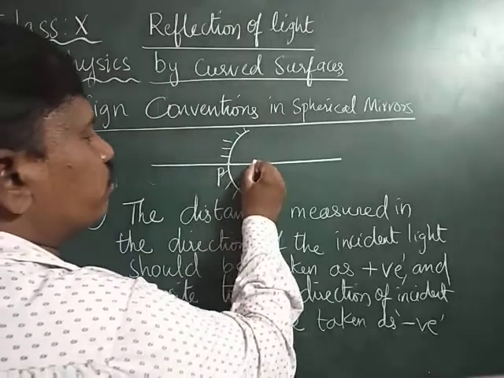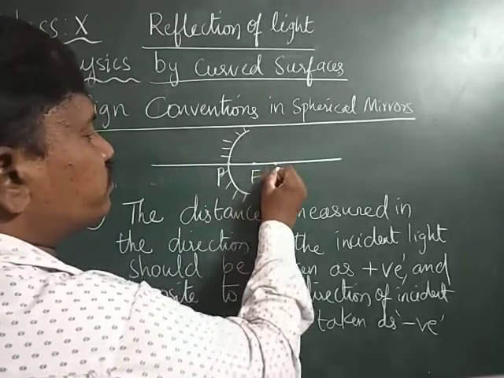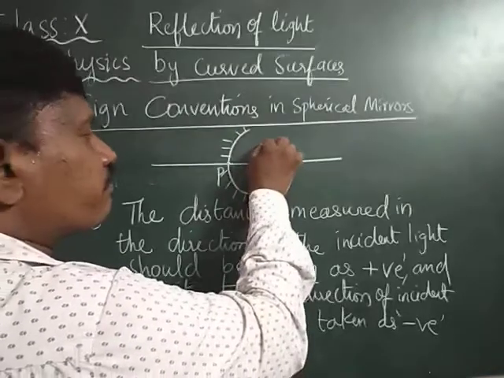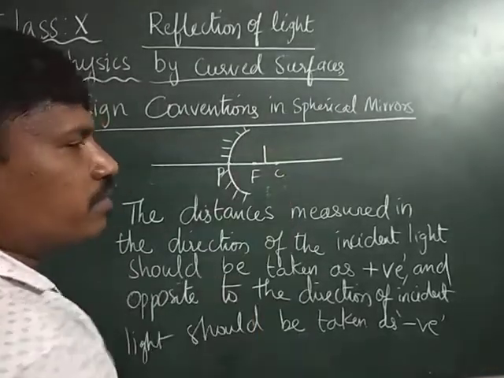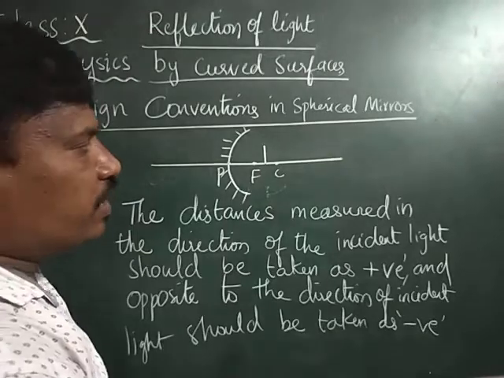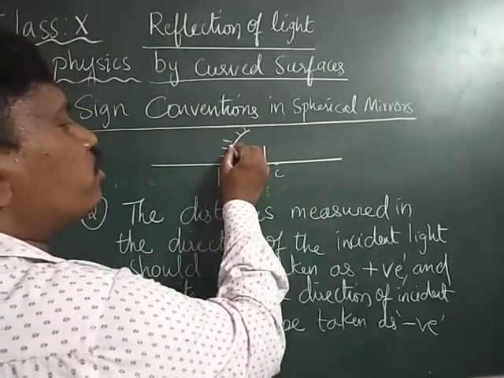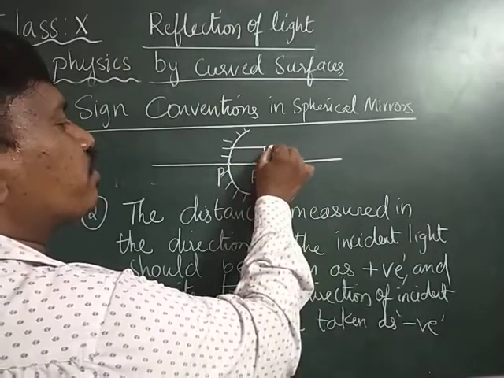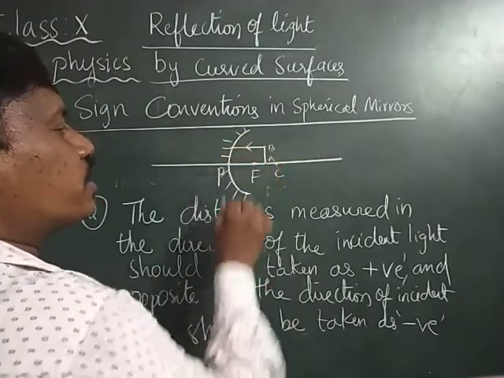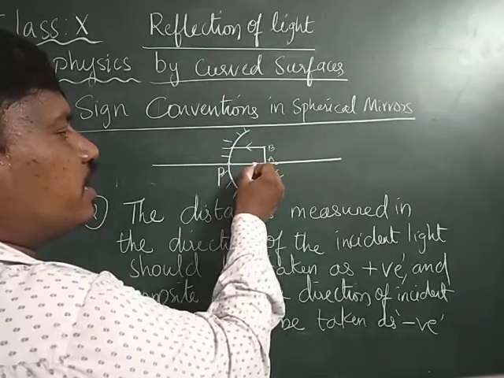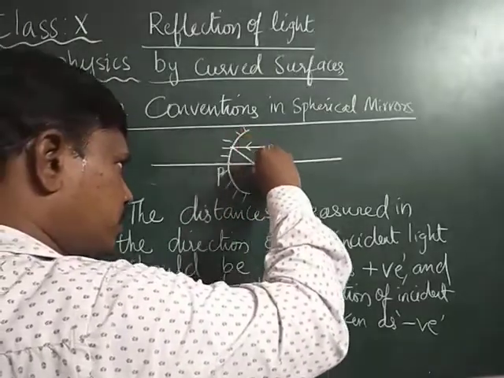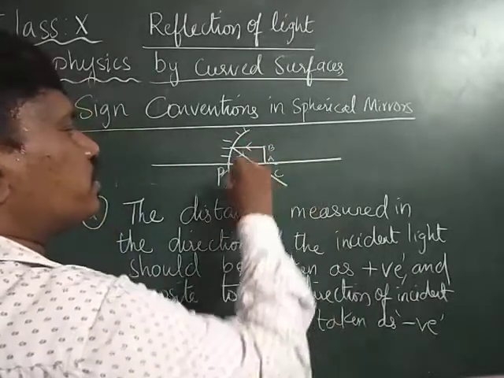Now, here, I am taking an object between F and C. Whenever I am drawing the ray diagram, this is the object AB. According to the first rule, any light ray traveling parallel to the principal axis, after reflection, will pass through the focal point.